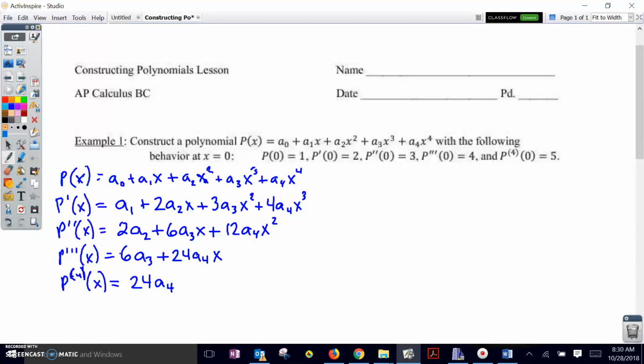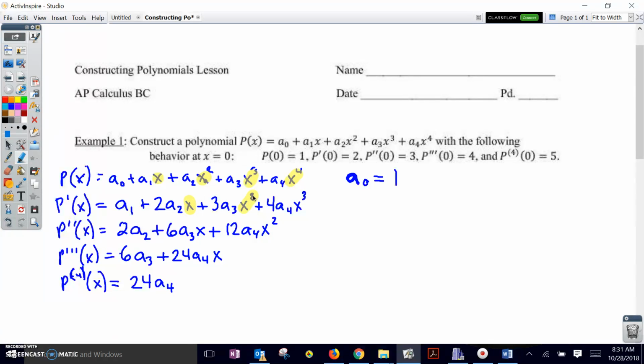Alright. And now I'm going to solve for these various values. We want p of 0 to be equal to 1. Well, if we put 0 into this polynomial everywhere where there's an x, all those terms with x's drop out, and we get that a sub 0 has to be equal to the value that we desire, 1. Then we do the same thing with the first derivative.